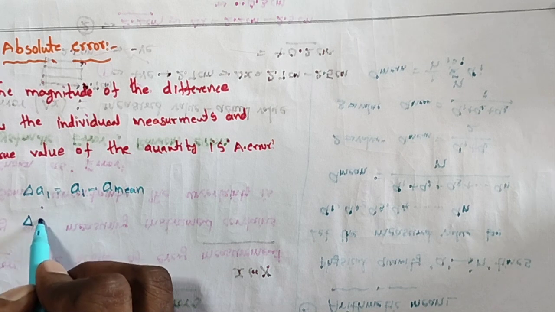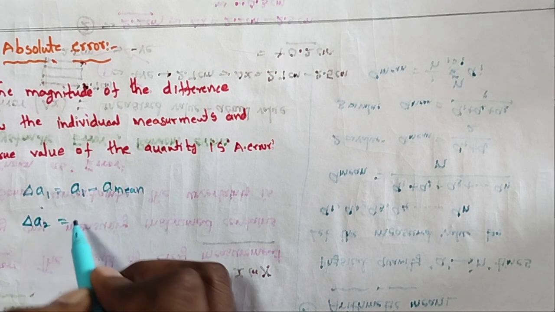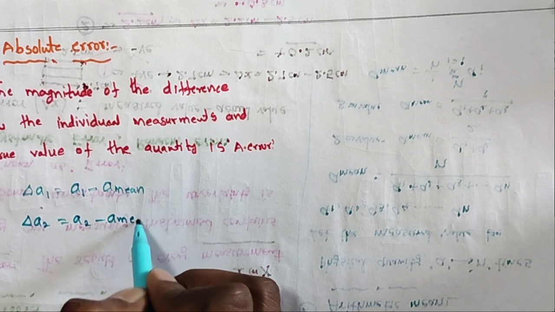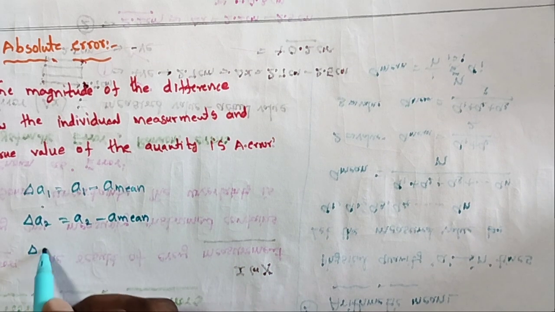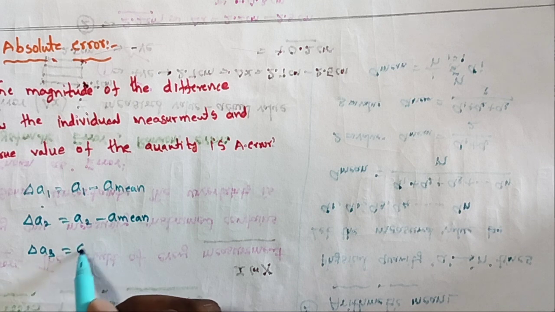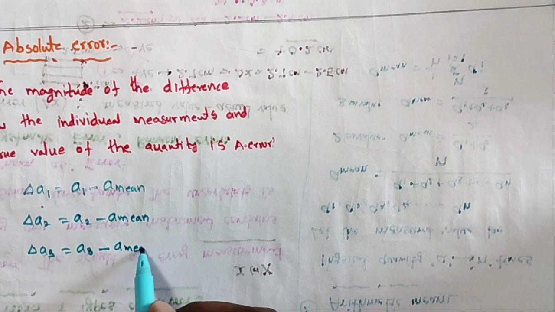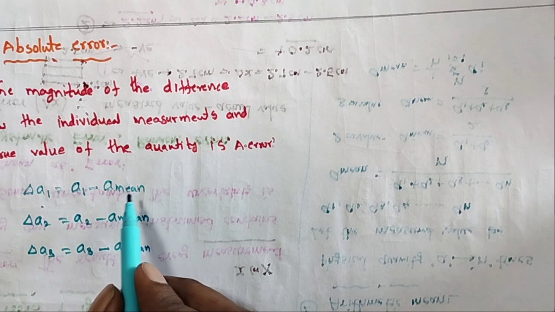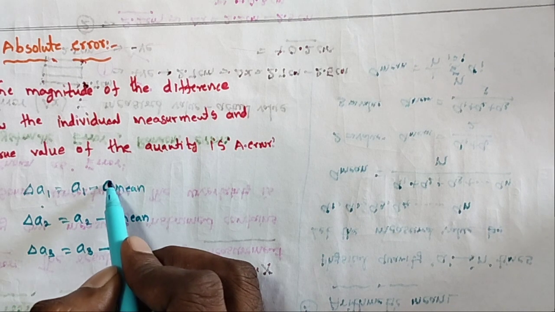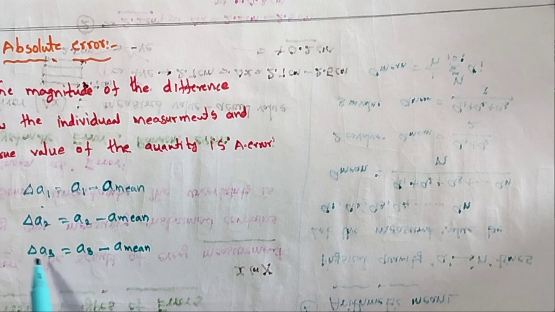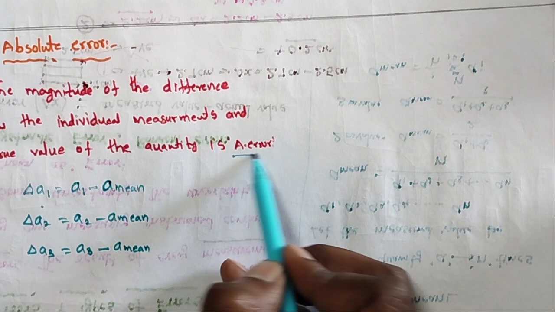In the second one, delta A2 is equal to A2 minus A mean, and delta A3 is equal to A3 minus A mean. These mean values are also called true values. So delta A1, delta A2, delta A3 are called absolute errors.